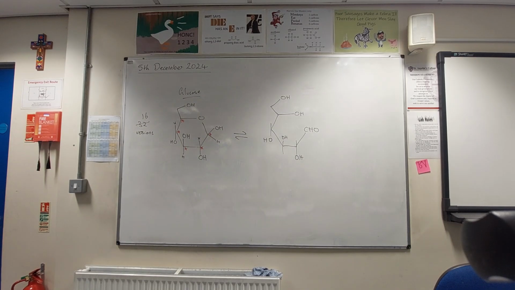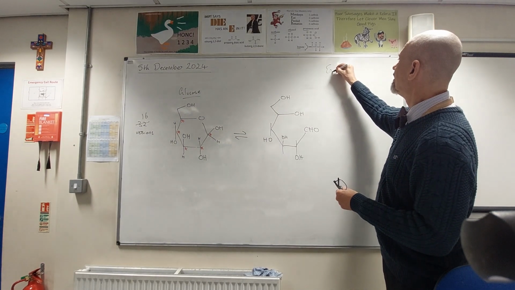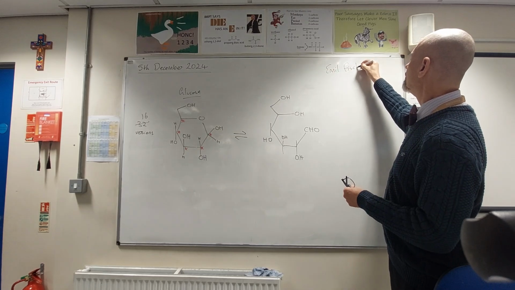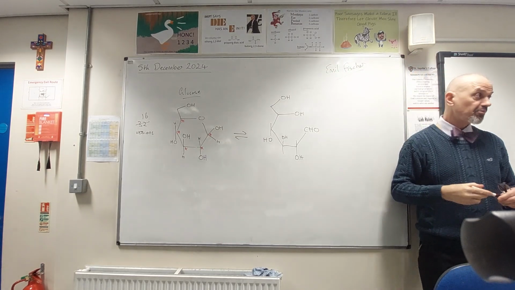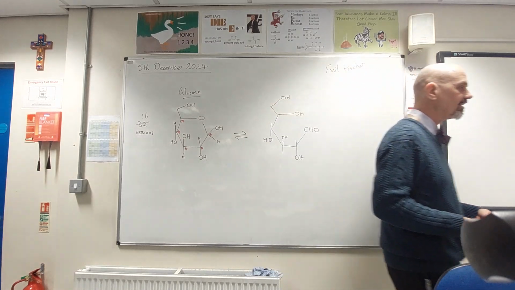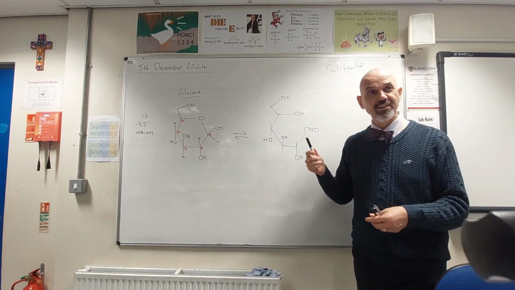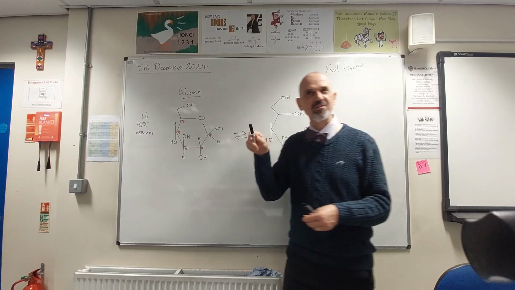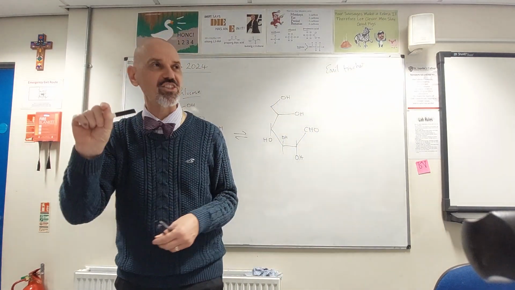So credit to Emil Fischer, a Nobel Prize-winning scientist who discovered the actual structure of glucose. He also developed the style of writing bonds in a three-dimensional way with the wedged and dash-shaped bonds.